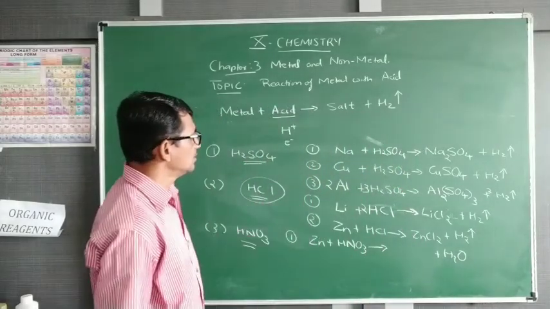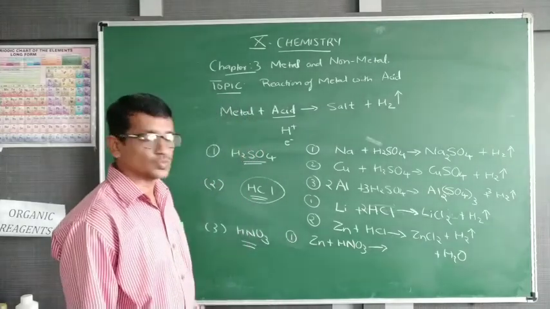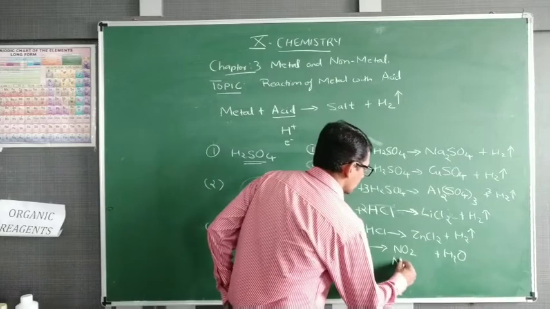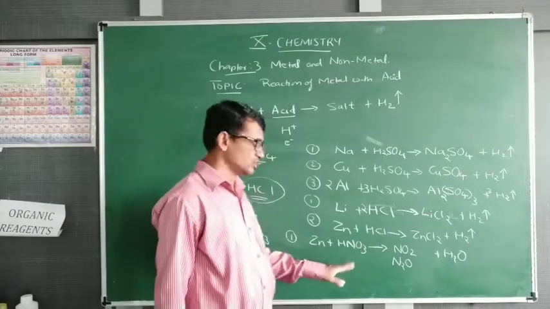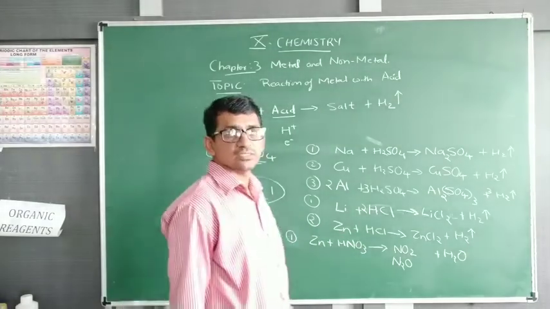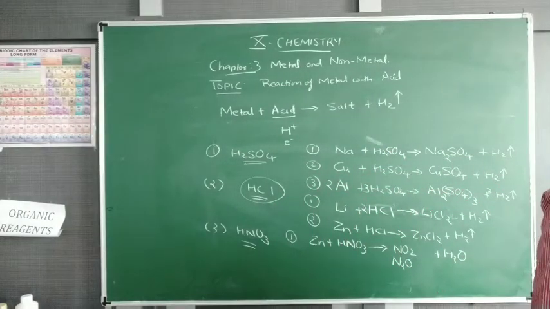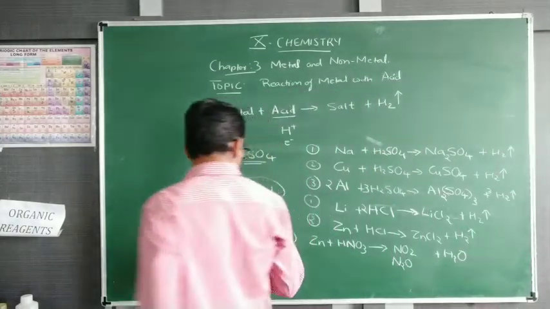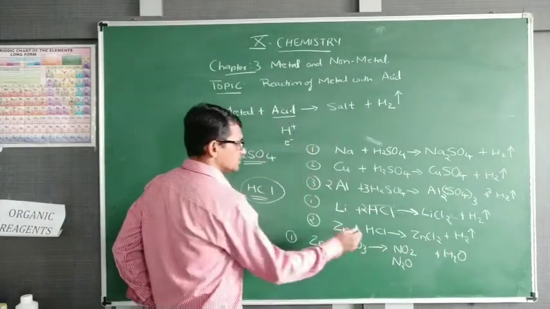And metal is converted into oxide. And another product is NO2, nitrogen dioxide, or N2O, dinitrogen oxide, will form, depending upon the concentration of nitric acid. And salt will be produced, that salt being a nitrate. If you want to form nitrate salt, this gas is also produced plus water plus zinc nitrate.